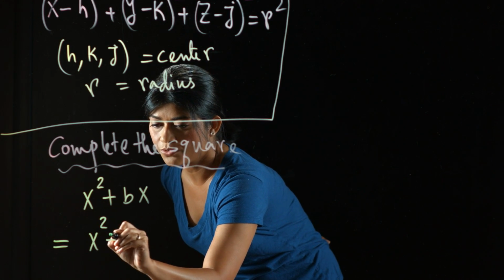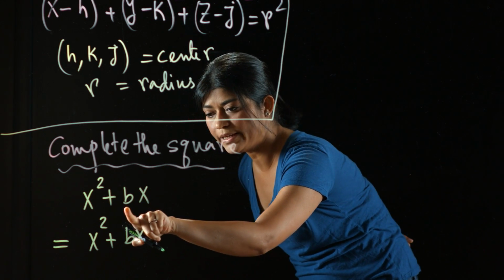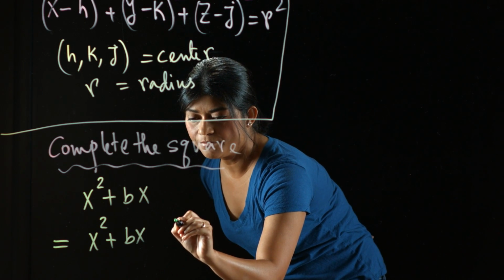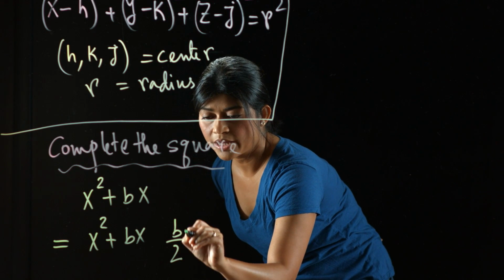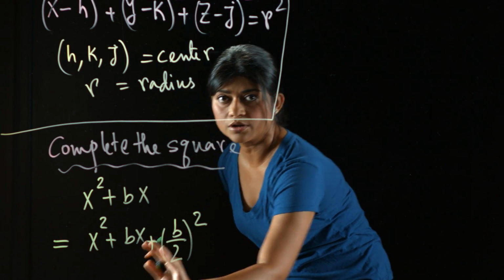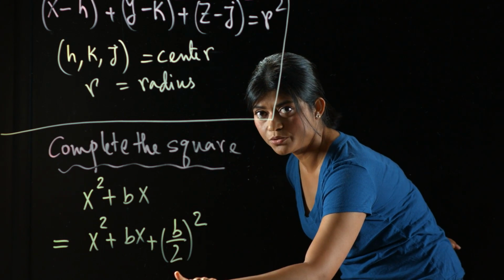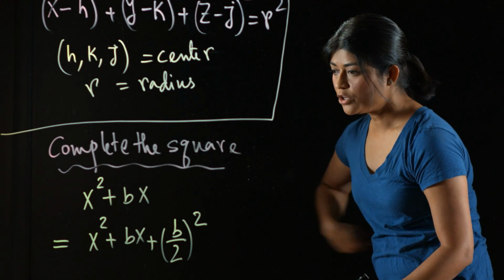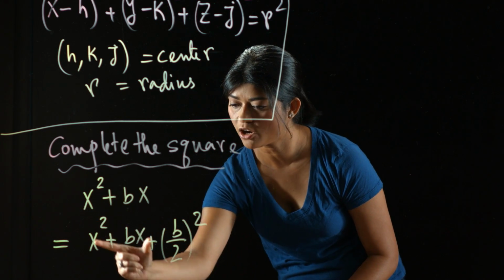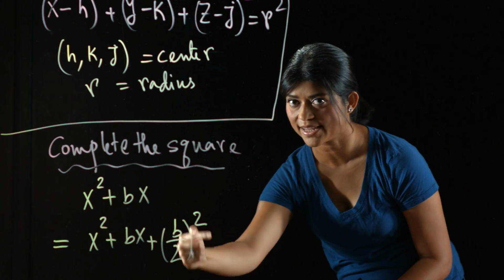So what is the third term? This is how we compute it. We keep these two terms, we take the constant b, we divide by 2, and then we square it and add to the two terms. One more time. Take b, divide by 2, square it. Now notice this quantity cannot be equal to the next line because we have added an extra term.